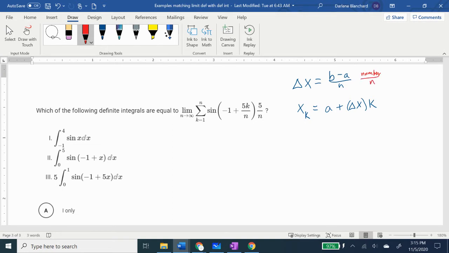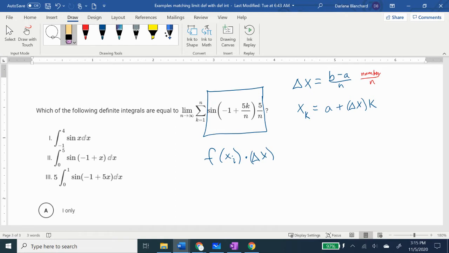And it is multiplying f of x sub i. So all of this inside of my sigma is f of x sub i multiplied by the delta x width.